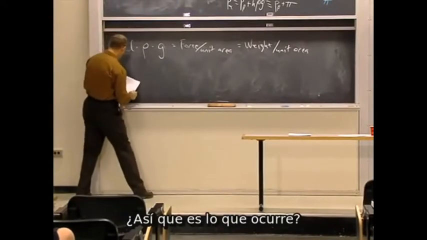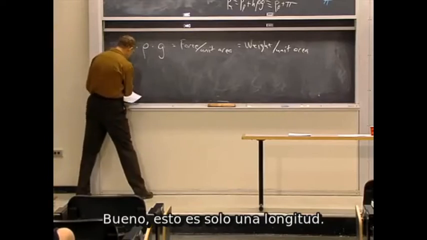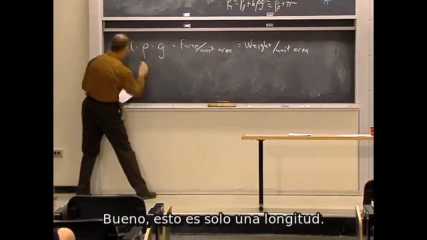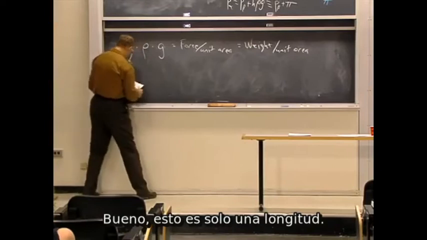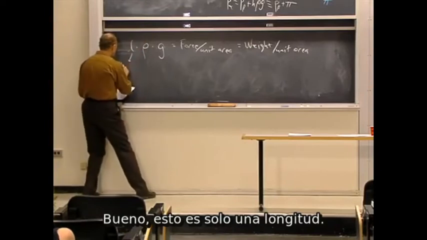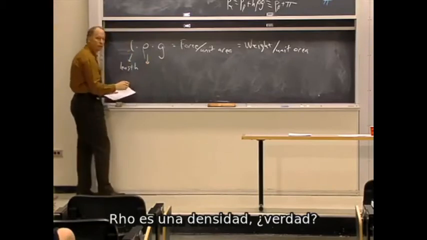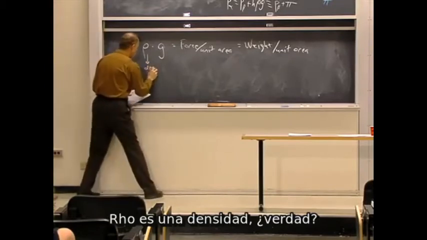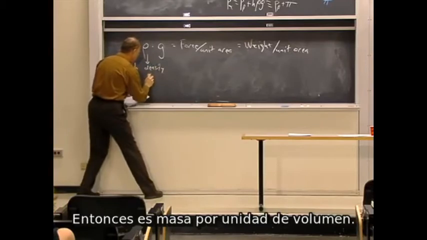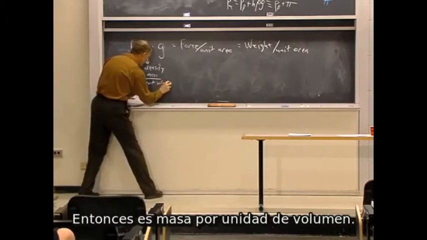So what happens? Well, this is just length. Rho is a density, right? So it's mass per unit volume, right?